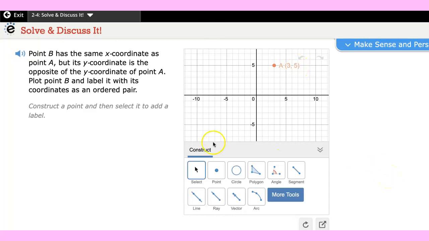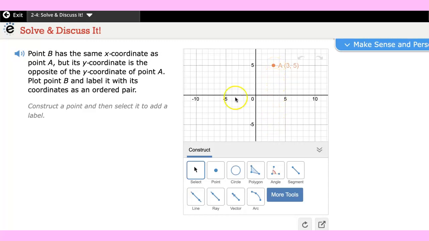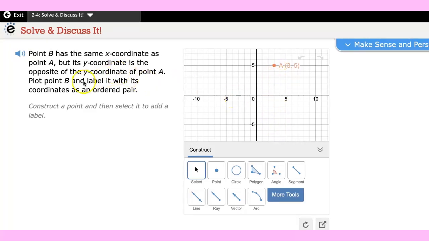Since the x-coordinate of point A and B is the same, I'm assuming that 3 is gonna be here, and it says the y-coordinate is the opposite. So if this is 5, the opposite is -5.